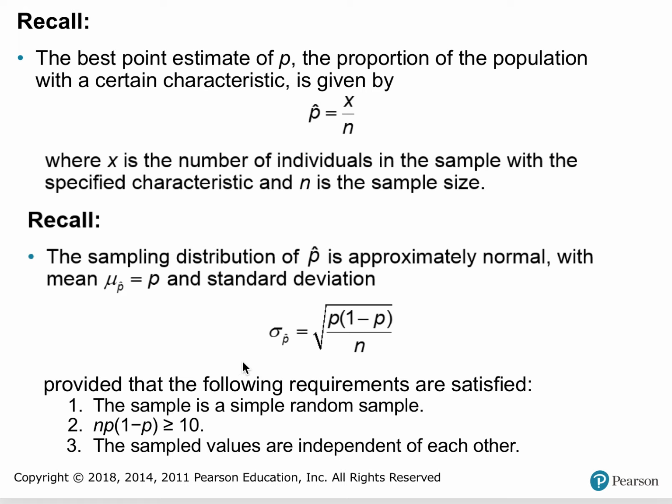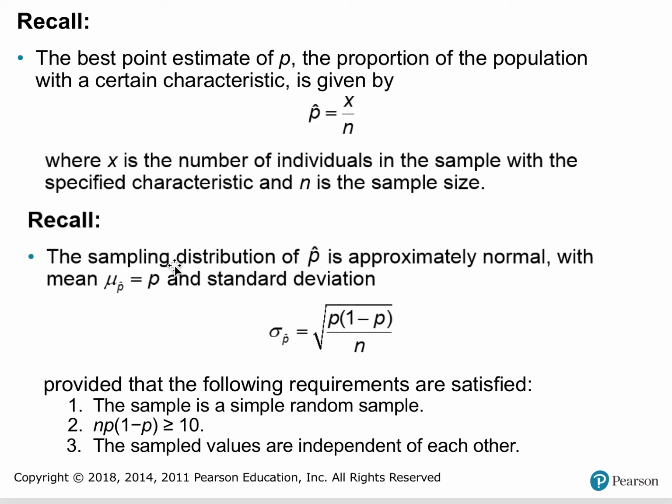Okay, so let's formalize a procedure for testing this. Now recall, the best point estimate of p, the proportion of the population with a certain characteristic, is given by this formula, where x is the number of individuals in the sample with the characteristic and n is the sample size.